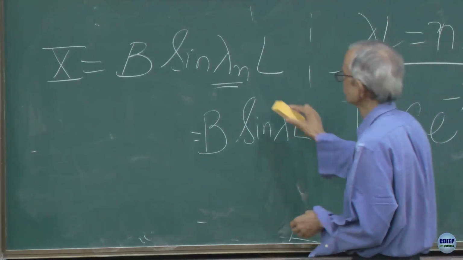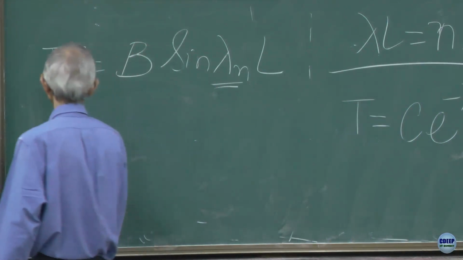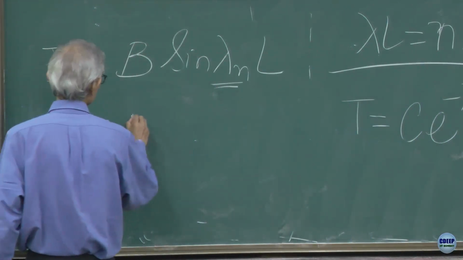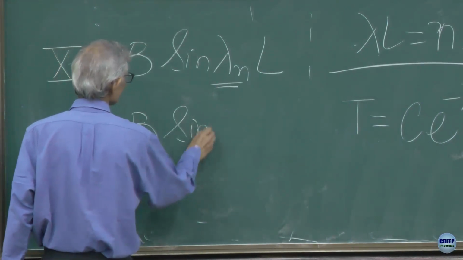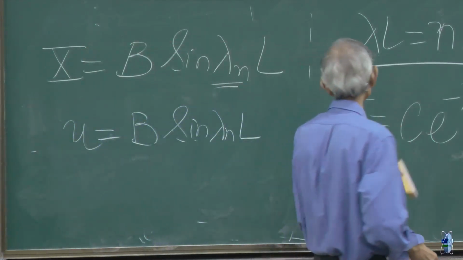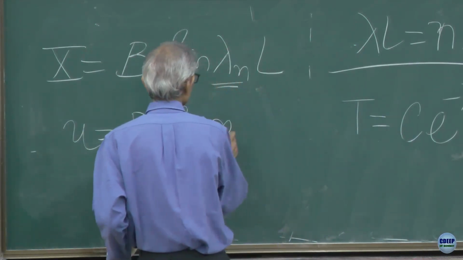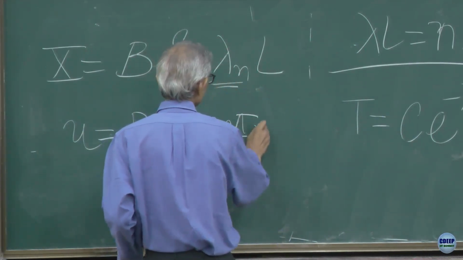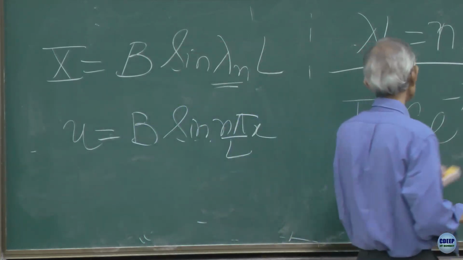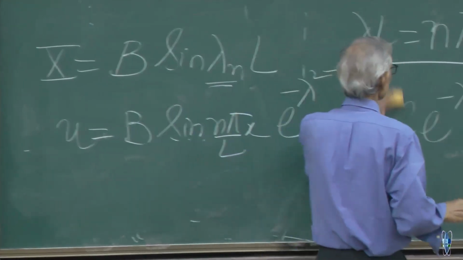So what's my solution? My solution is u is equal to sum of B sine lambda n x, and lambda n I know is n pi by L, so I have sine n pi by L x, and then e to the power of minus lambda square alpha t.